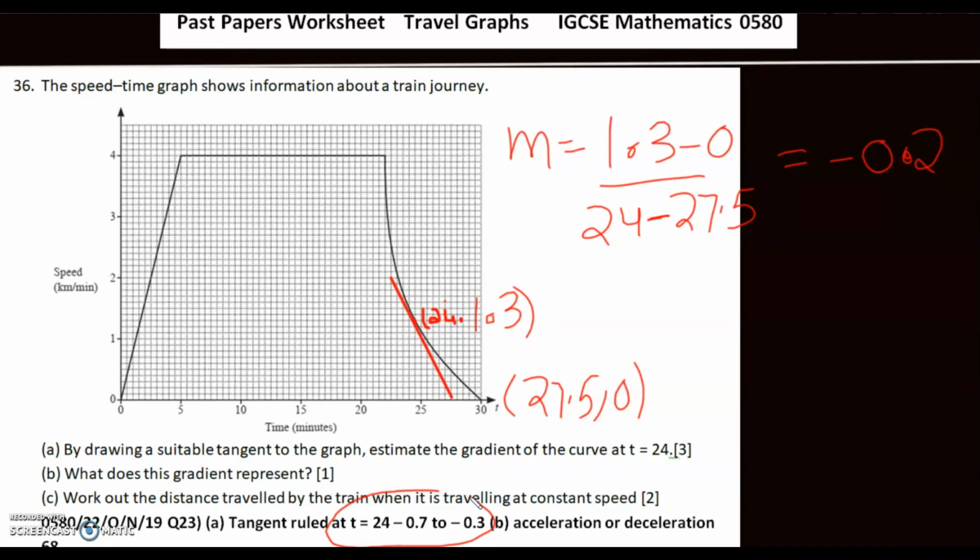I did not obviously use any scale. So with the proper scale and by reading proper points, you should get a value in between this range.